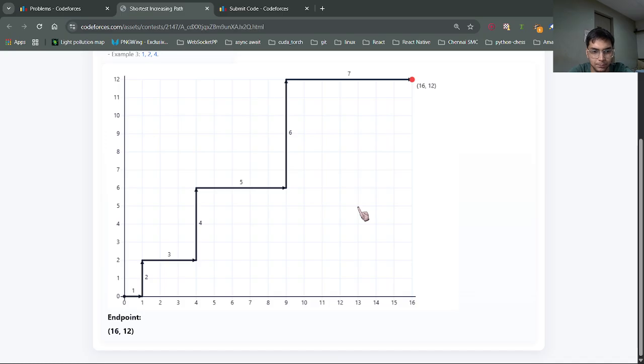I guess that's true. So this point, if you check, is what? Less than this line, right? But it is also less than this line. So then it's feasible, because once you come here, we have like 12 steps here, right?